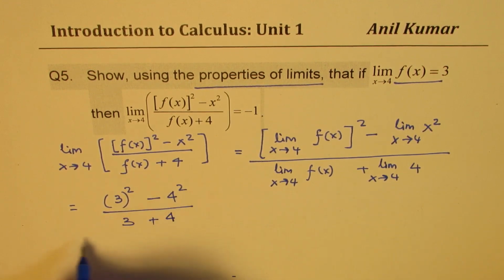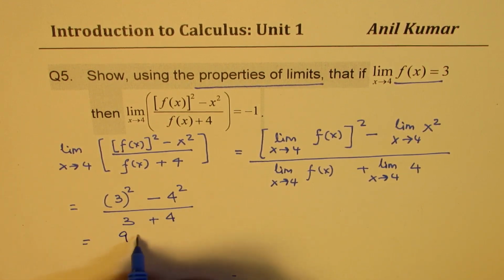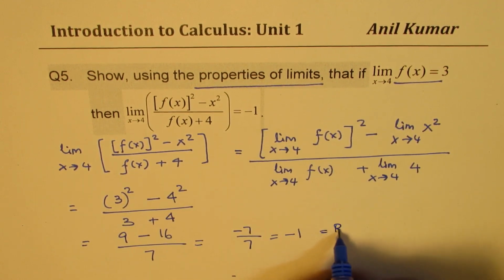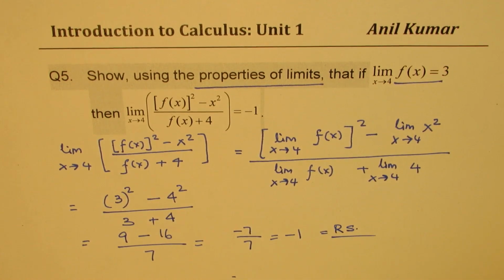So that gives you 3 square is 9 minus 16 over 7. Now 9 minus 16 is minus 7, over 7 is minus 1, which is the right side, correct? So that is how we can show that the limit of the given expression is minus 1.